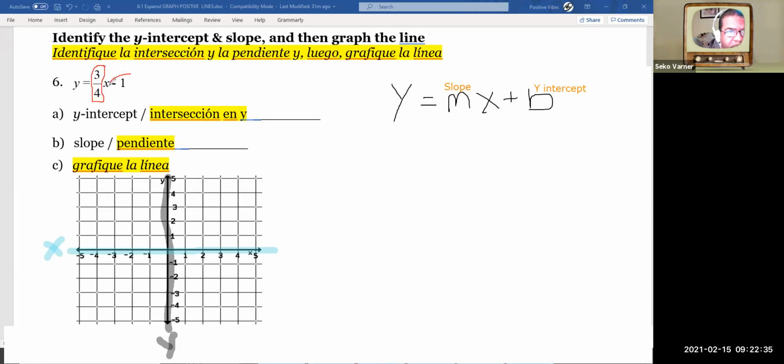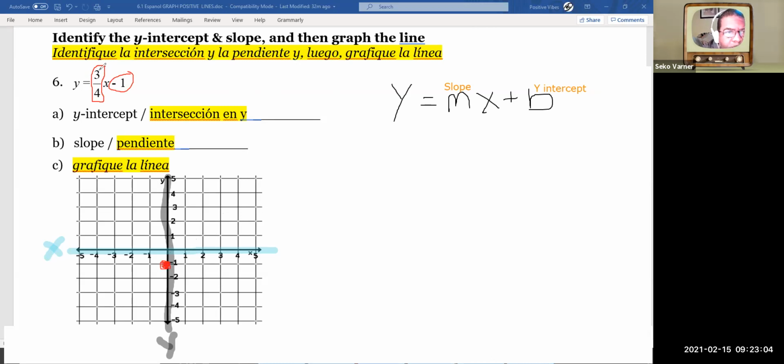And this is our y-intercept. So we're going to begin with charting the y-intercept. We're going to start with our point of origin right here in the middle. This is actually at 0, 0. And it says that we're going to go down 1 on the y line. So our first point, our y-intercept, is right here.